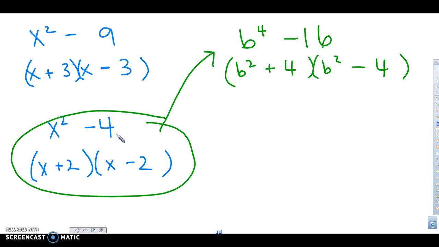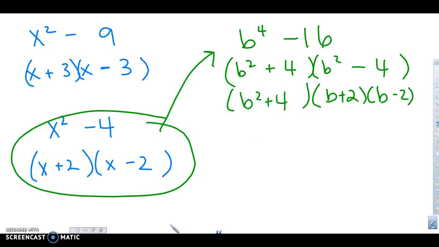But this difference of squares, b squared minus 4, is something I've seen before here. I can break that down even further to b plus 2, b minus 2. And of course, I bring down that first factor, b squared plus 4. So to get it completely factored from b to the 4th minus 16, I have to break it down like this.